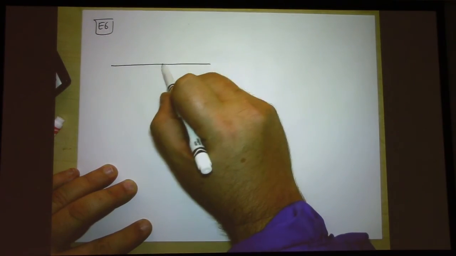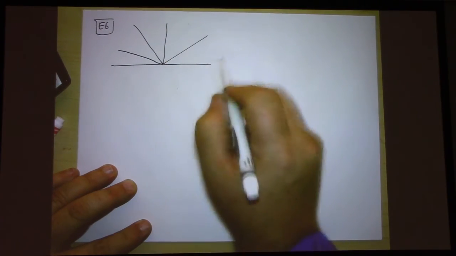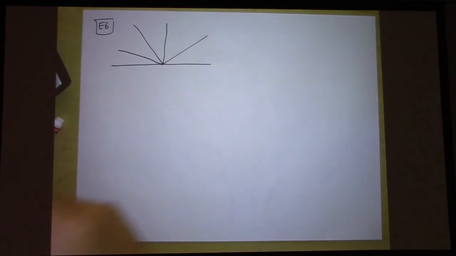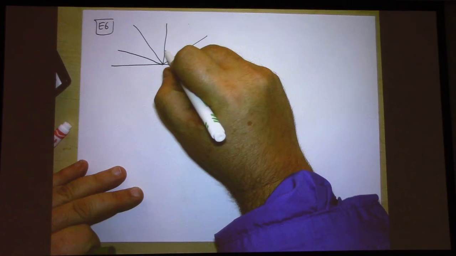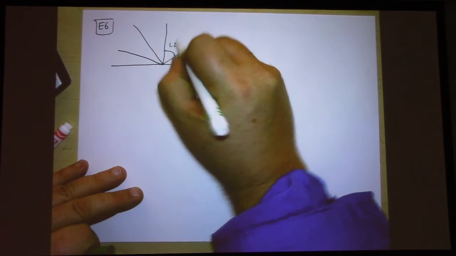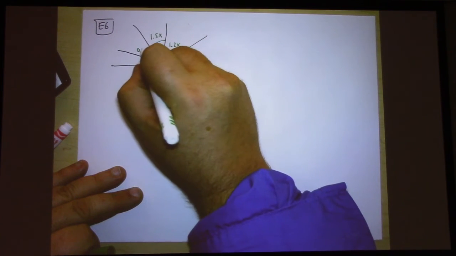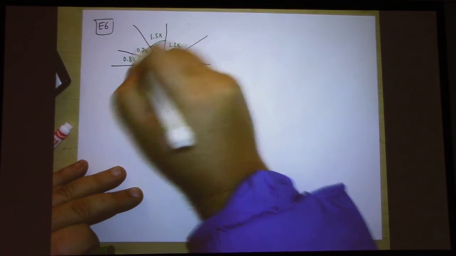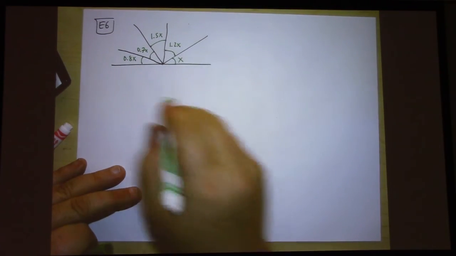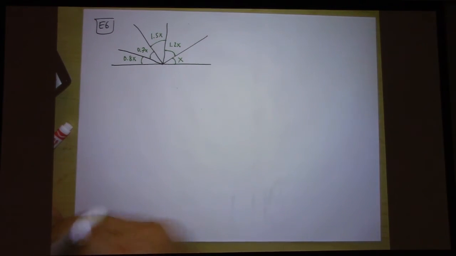All right, so let's suppose you've got angles like this, and just for the sake of discussion, let's suppose that this angle is x, and this one is actually 1.2x, and this one is 1.5x. This is 0.7x, and over here we've got 0.8x. And on the bottom is a straight line, okay? My question is, what is x?